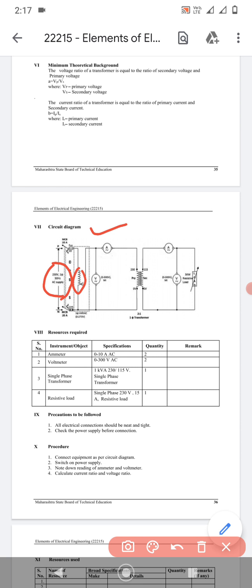Okay. After connecting this to the single phase 230 volt AC supply, this auto transformer has two terminals, that is phase and neutral.